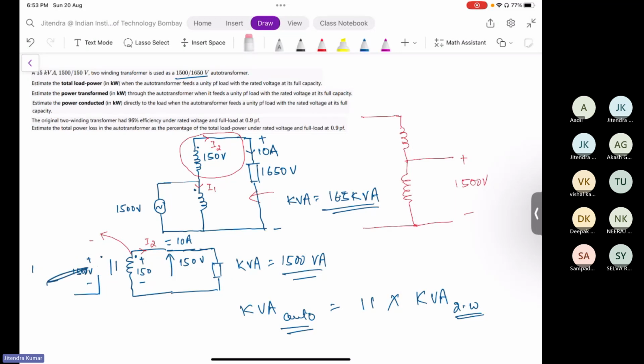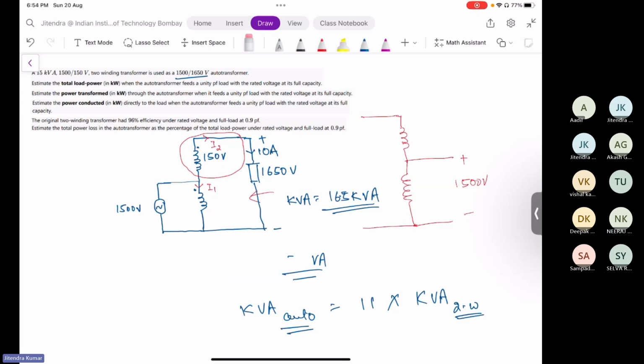Okay, so let us go ahead with the problem. The first thing is to compute the total load power when the auto transformer feeds a unity power factor load with the rated voltage at its full capacity.